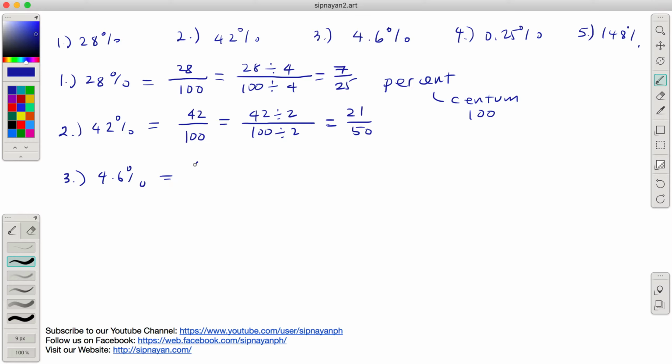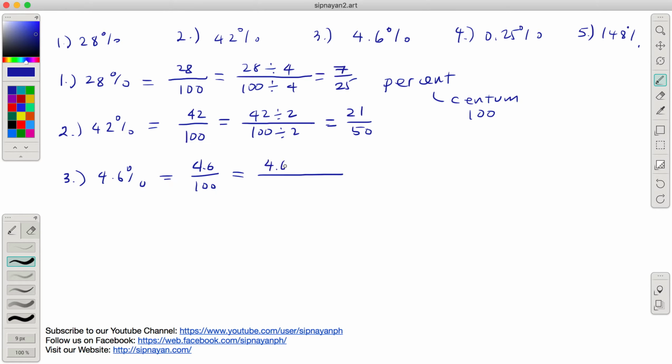which is equal to 4.6 over 100. So, napapansin nyo pag sinabi mong percent, 100 yung kanyang denominator kasi per 100. So, pag 100 na yung denominator, may fraction ka na. All you have to do is to reduce to lowest terms. But here, we have a decimal sa numerator.